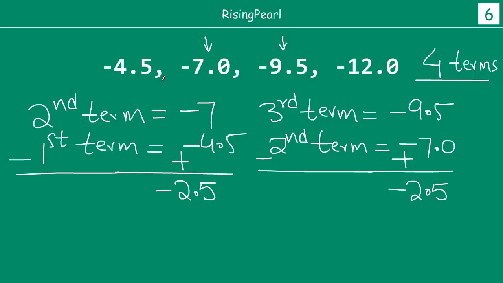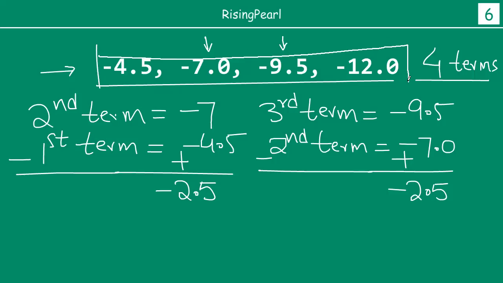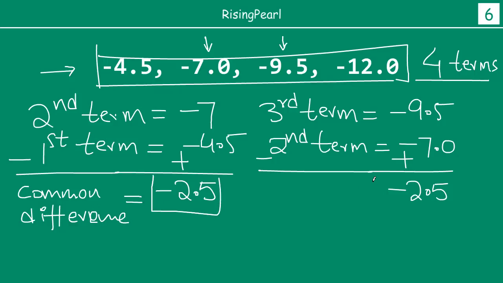So in this particular set or collection of numbers, which is the last example, we see that the common difference is equal to minus 2.5. This is the common difference.